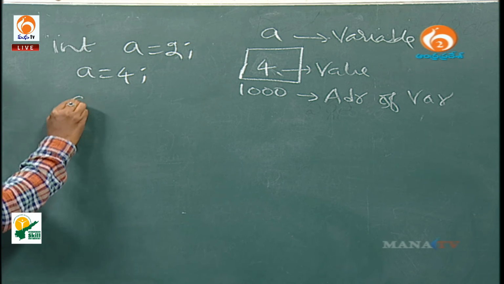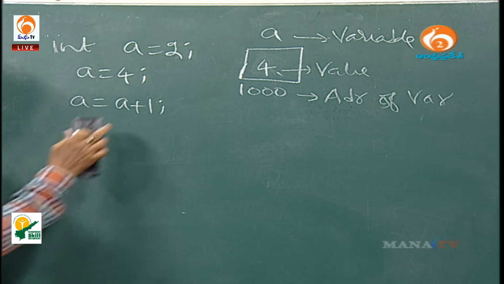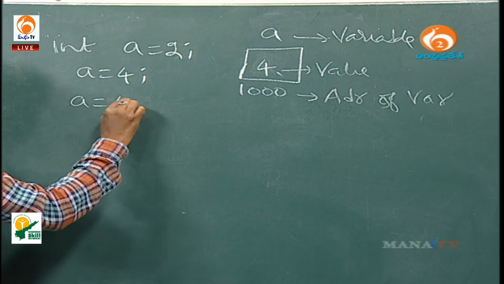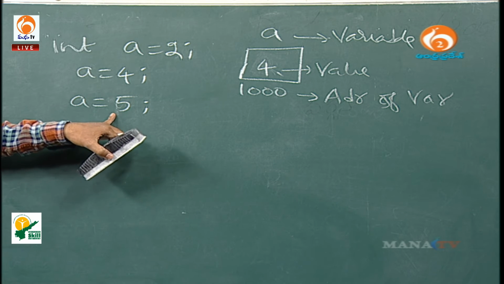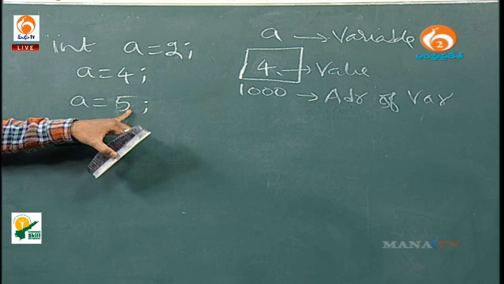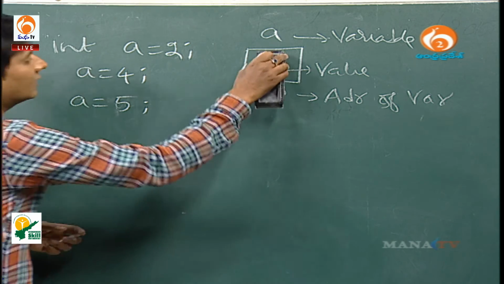Next, look here, a = a + 1, or a = some other number, a = 5. What happens, 5 is stored into the left-hand side variable. So again the old number is lost.